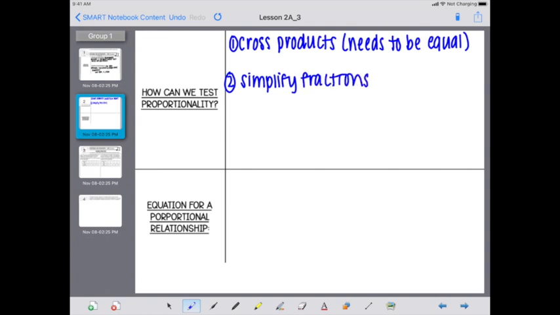If they simplify to be the same value, so they're equal, they have a proportional relationship.